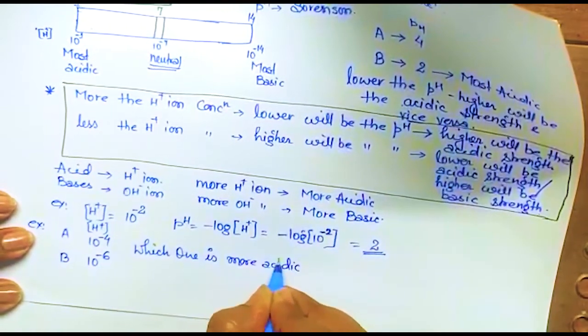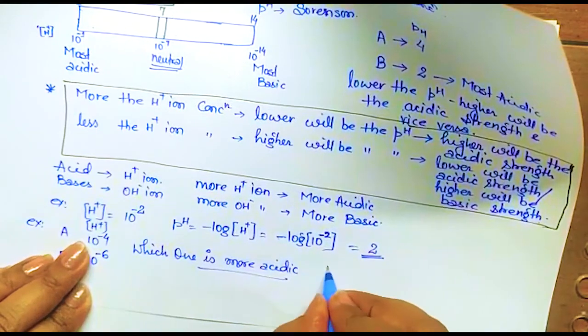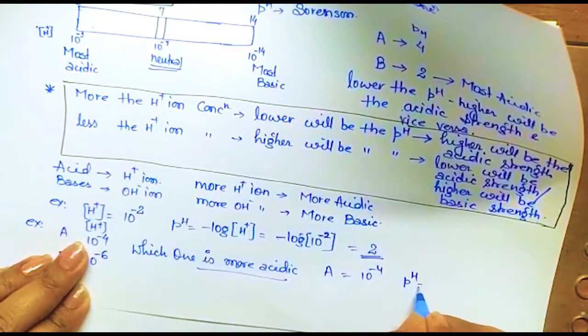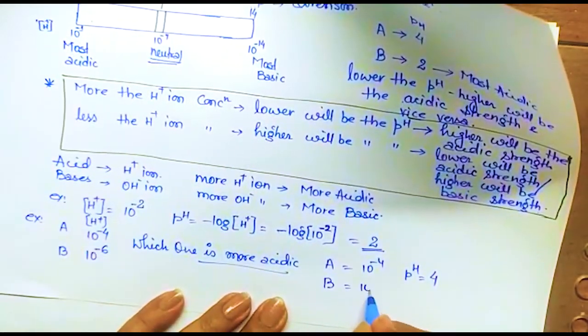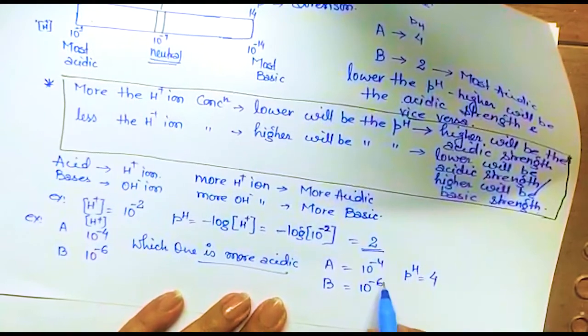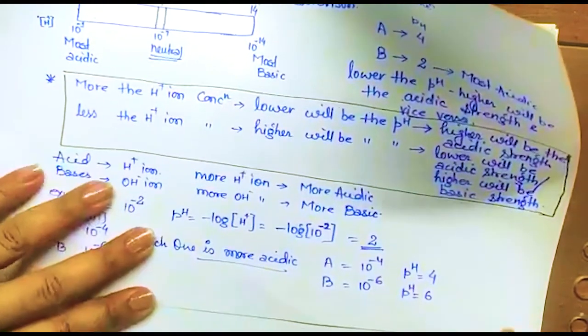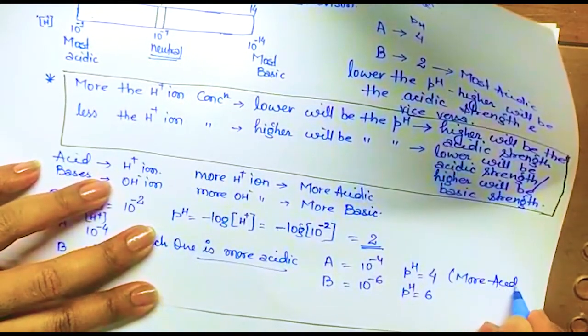What will you say? Find the pH. This is A, 10 to the power minus 4 H plus, so what will be the pH? 4, isn't it? And B, 10 to the power minus 6 is the H plus concentration, so what will be the pH? 6. Which one is more acidic? Obviously, the lesser the pH, the more acidic. Clear?